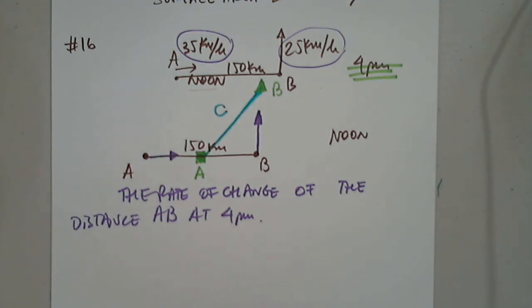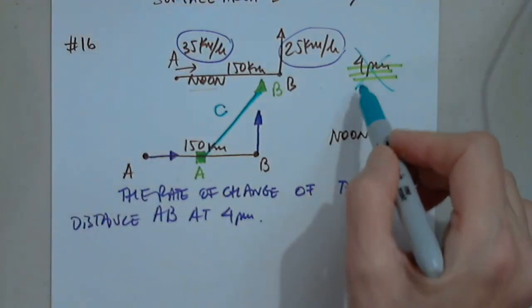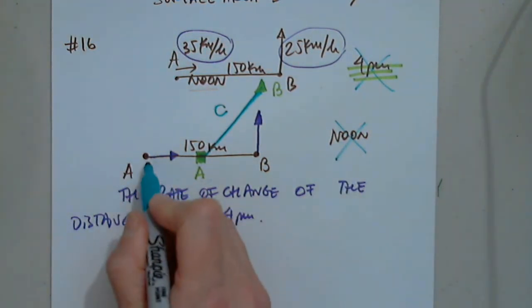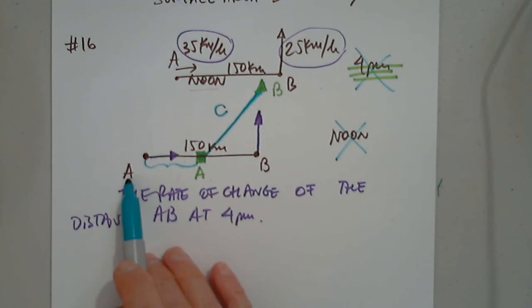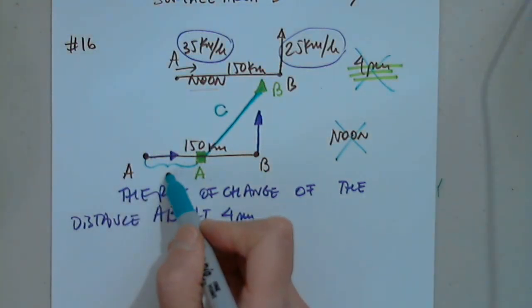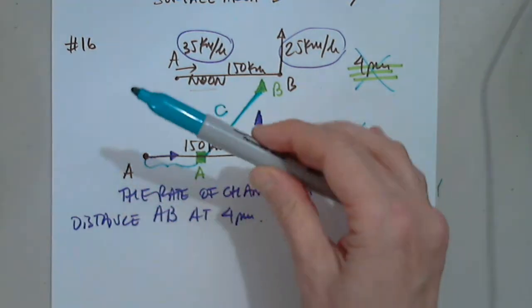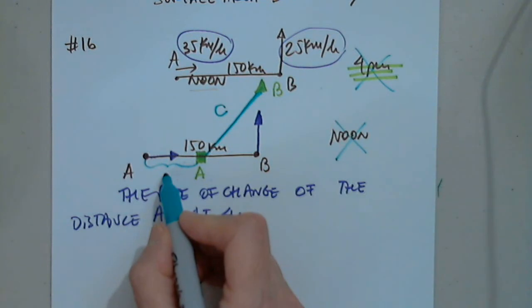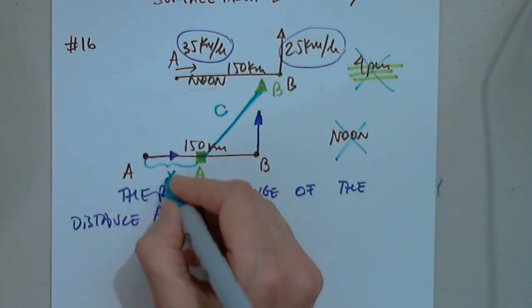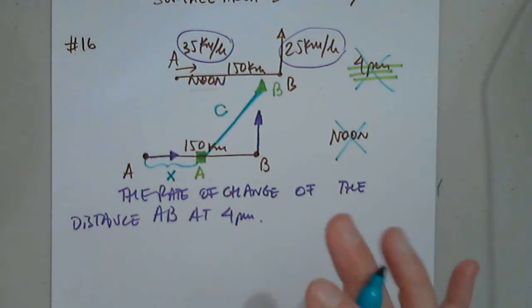Now you understand that at any point in time, this is the distance covered by A. Let's label this as well. Since it's on the x-axis, let's label it x. Good.